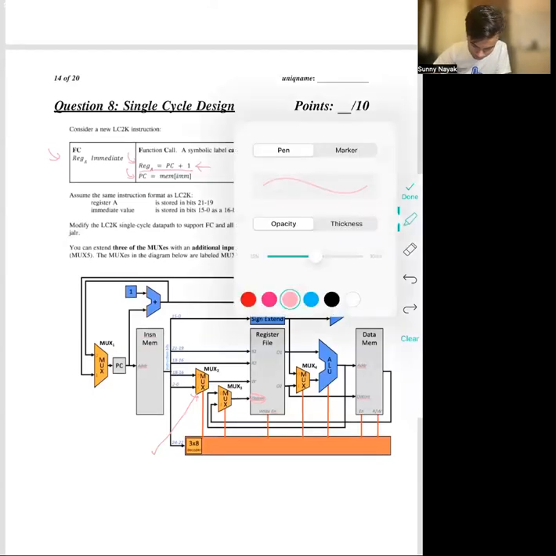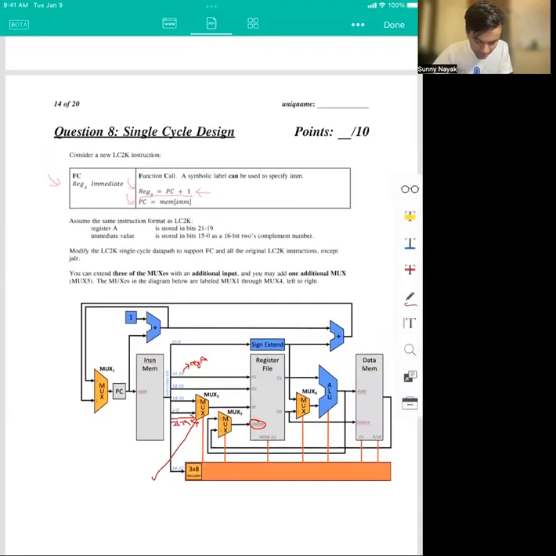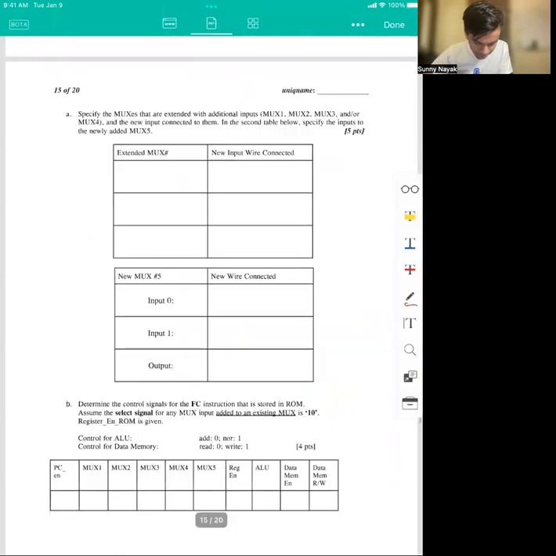So the first thing I noticed is that we're going to have to, I guess I'll do this in red, add a line for bits 21 through 19. Those, remember, are the bits correlating to register A, into mux2. That will allow us to set register A as a destination.